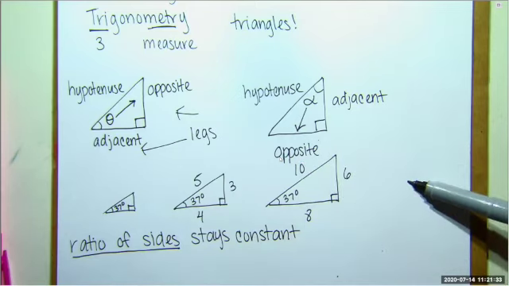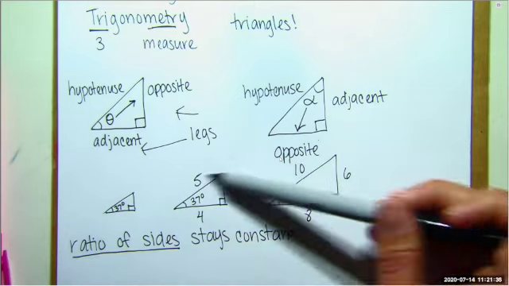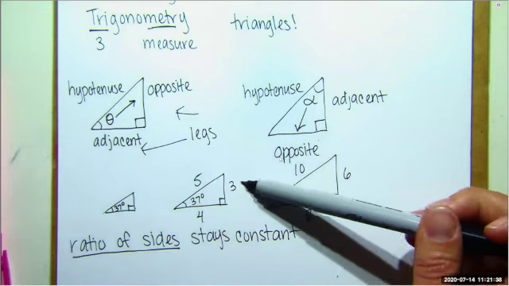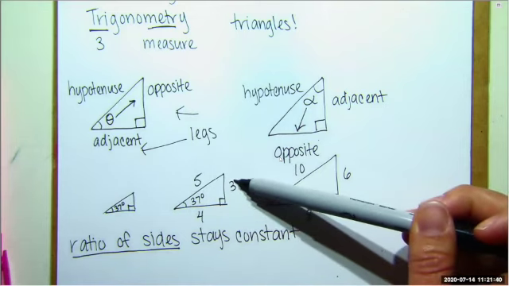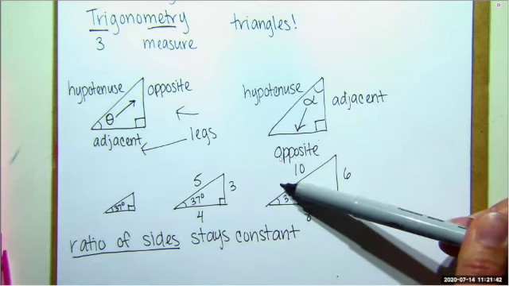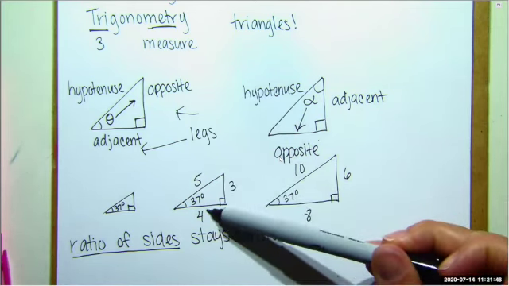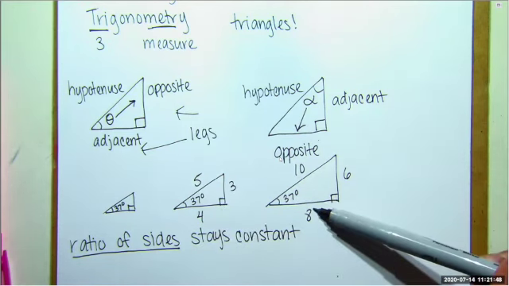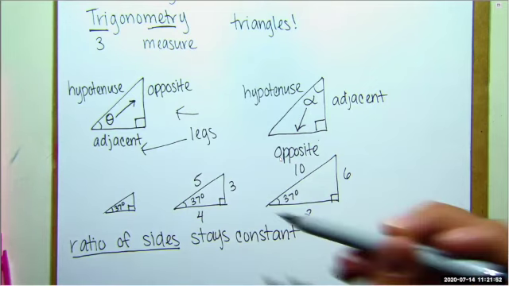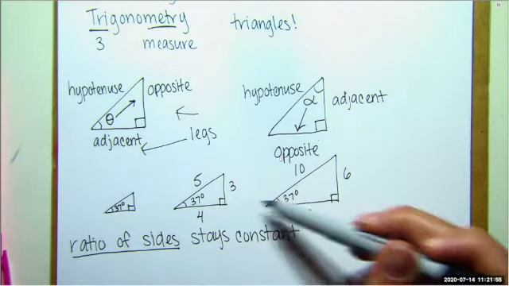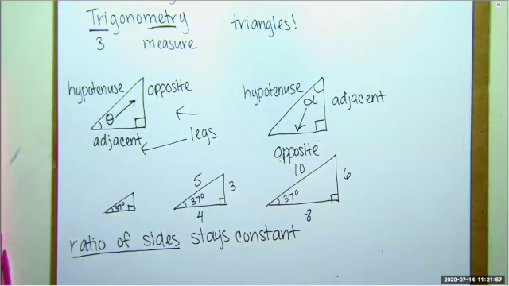If we make this 3 times as big, I'd have 9/15, which also reduces to 3/5. That ratio of these 2 sides is always going to be the same number, no matter how big or small we make this triangle. We can look at any of these ratios. So we could do 3/4, 6/8 also reduces to 3/4. Okay, so as big or as small as we make this triangle, the ratio of sides stays constant when this angle is the same. All we're doing is blowing up or shrinking this triangle.